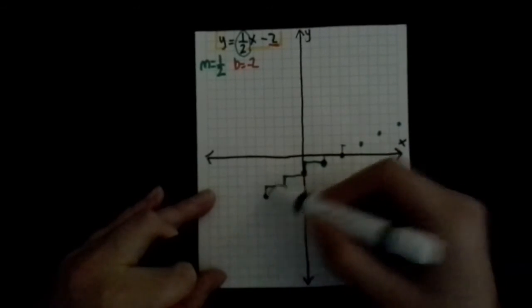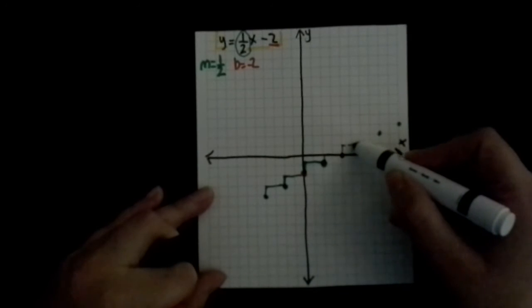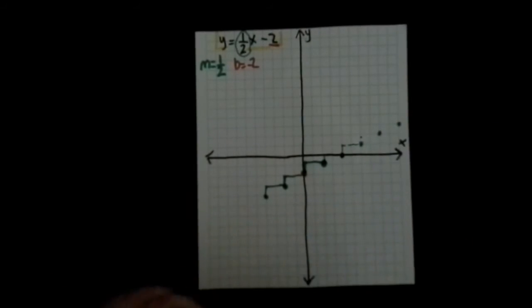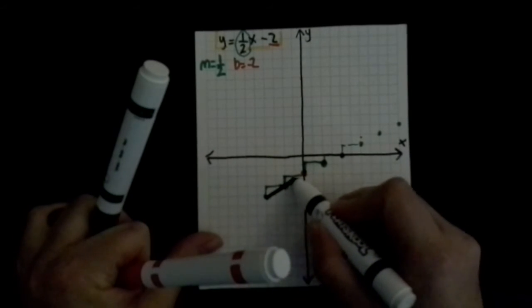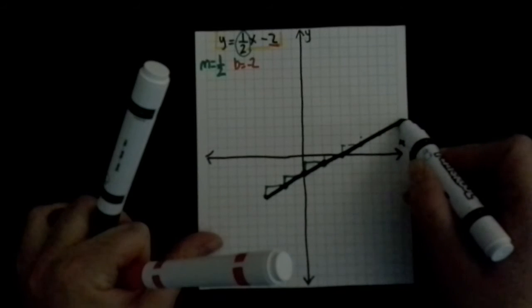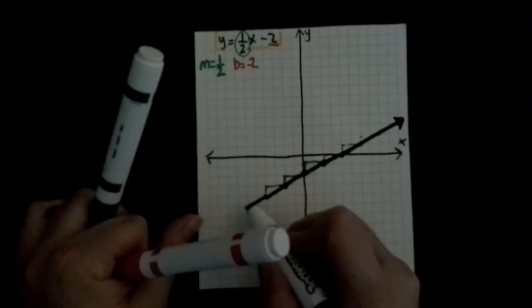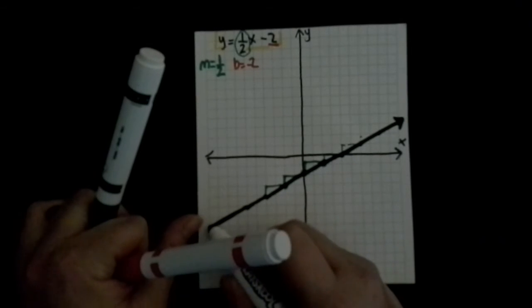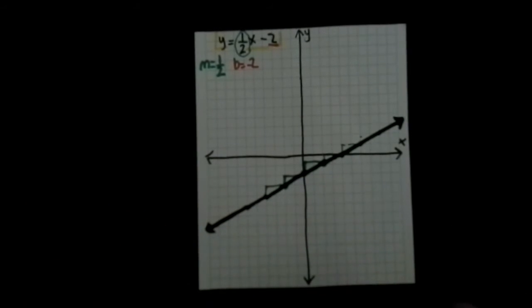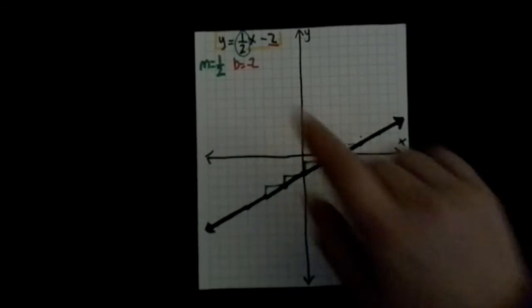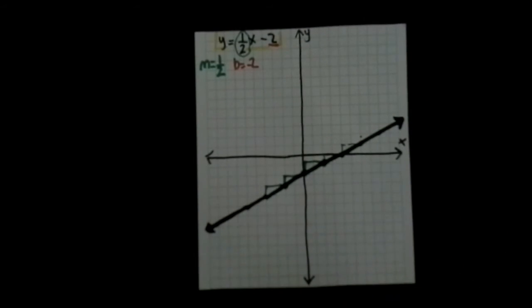It's kind of like I'm building a ladder, a staircase, right? Now I want to connect all those points to get my line. There's the graph of the equation y equals 1/2 x minus 2.